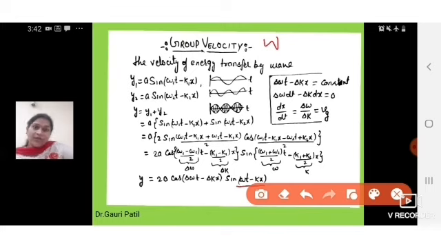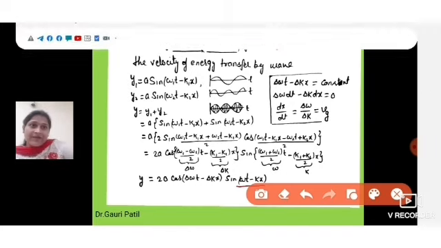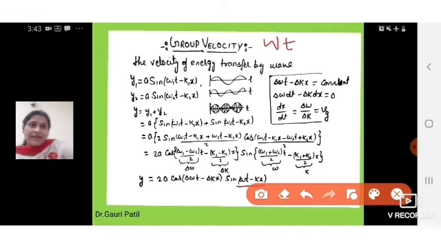So if we want to derive the relation for the phase velocity, what will you do? You put sine omega t minus kx, so omega t minus kx is equal to constant.